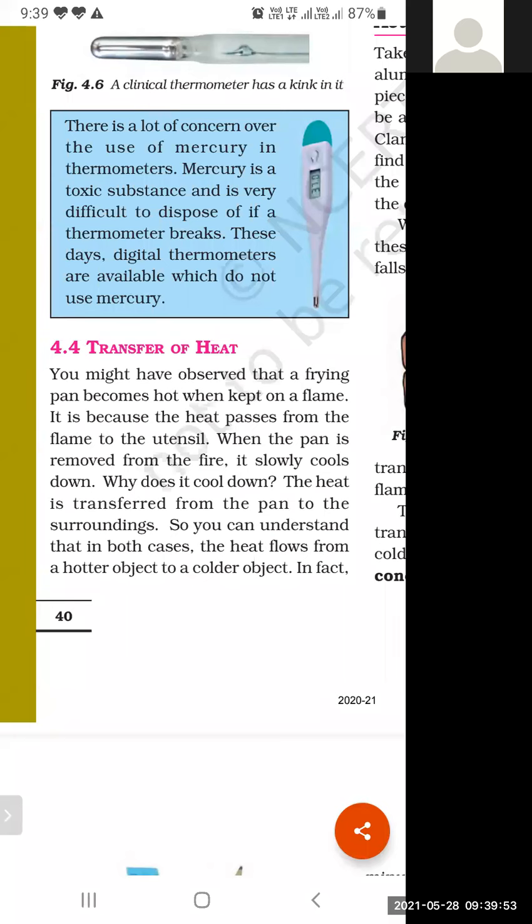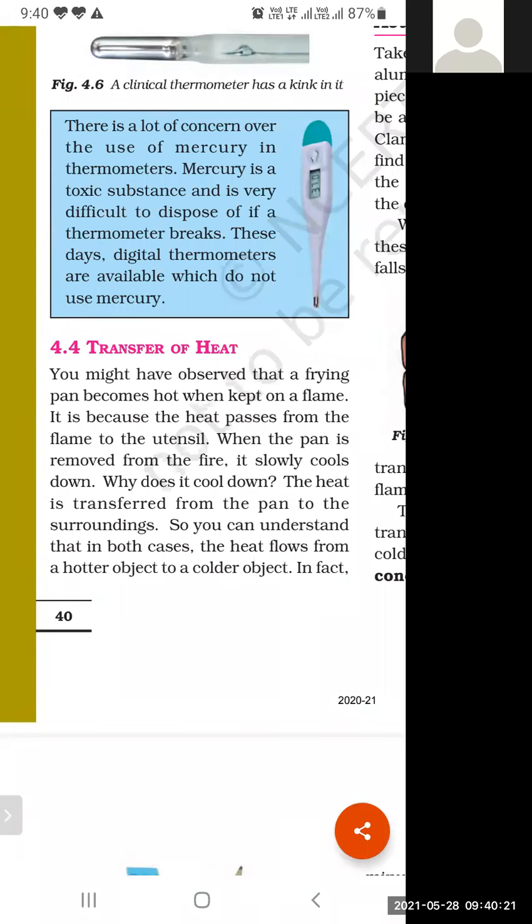Now look at these two situations. In the first case, as I have discussed, heat will always flow from higher temperature to lower temperature. The temperature of that burner flame is higher than that of the pan, so the heat will transfer from fire to the pan.